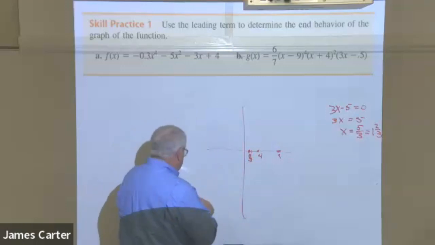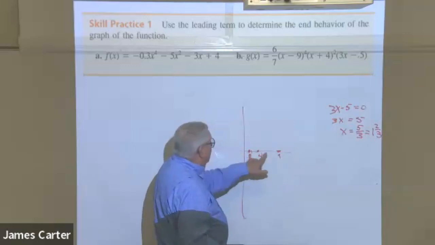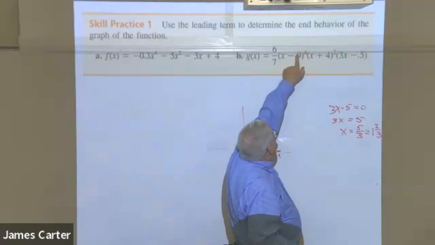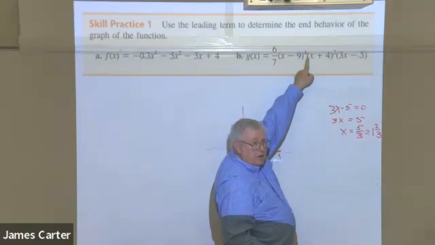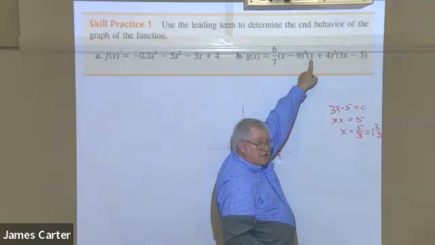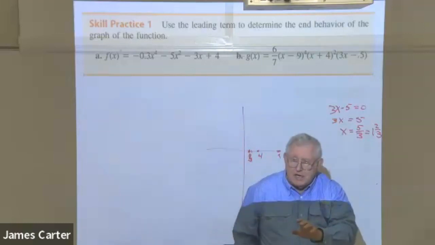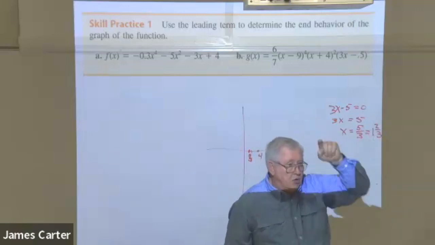Now, this particular graph, I only have 3 points. These 4 of these right here, when that's an even power, that's what we call multiplicity even. And instead of being a crossing line, it's a touch and go.